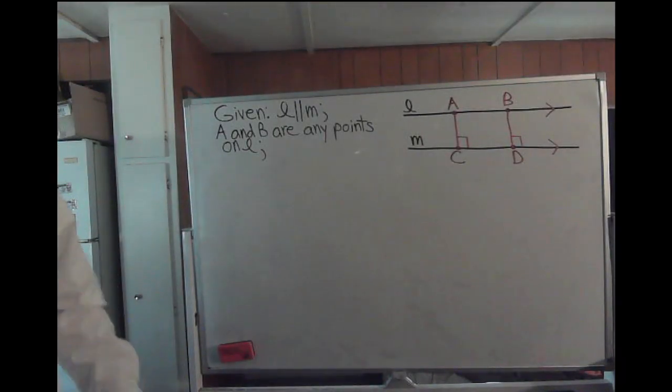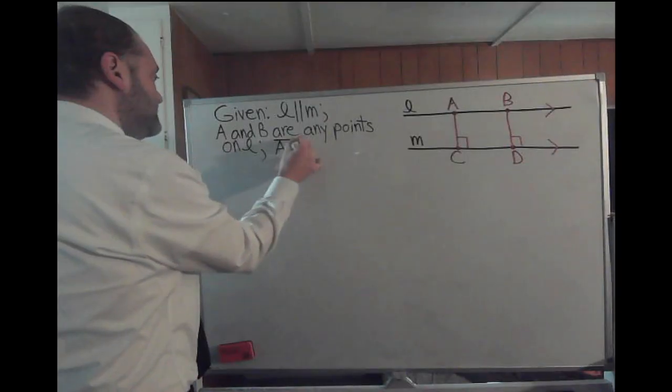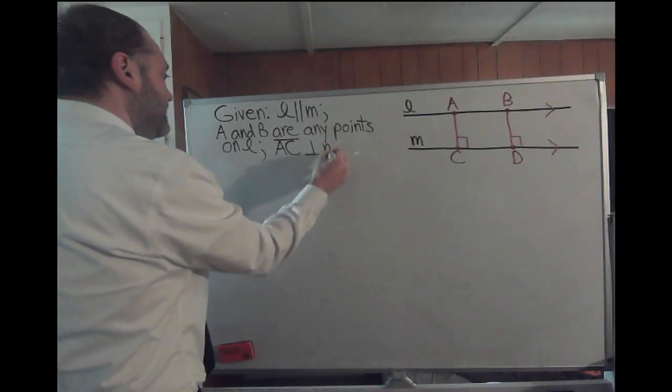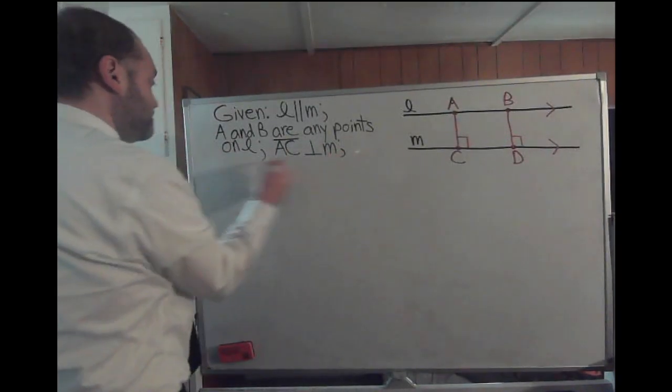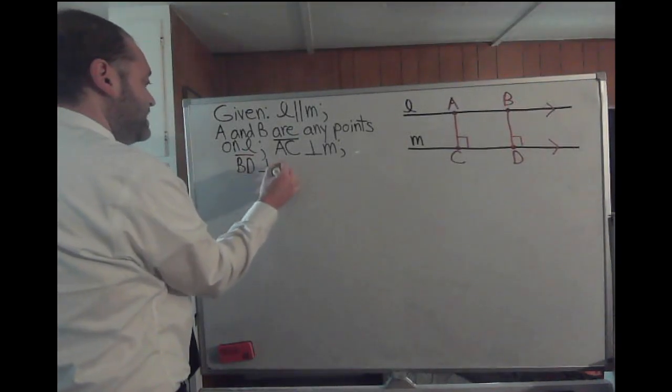Then we're given two more things. We're given that AC is perpendicular to line M. We're also given that BD is perpendicular to line M.